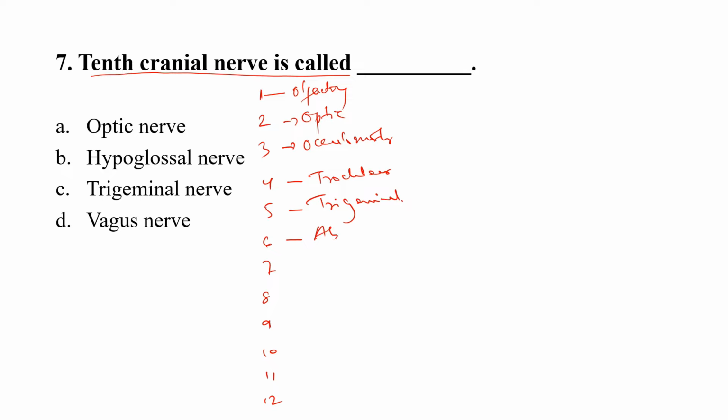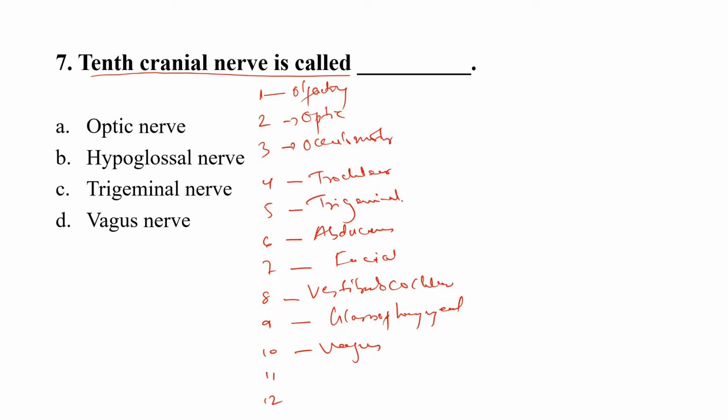Sixth one is abducens. 7 is facial. 8 is vestibulocochlear. 9 is glossopharyngeal. 10 is vagus. 11 is accessory. And 12 is hypoglossal. So the correct option here is option D, which is vagus nerve. The 10th cranial nerve is called vagus nerve.